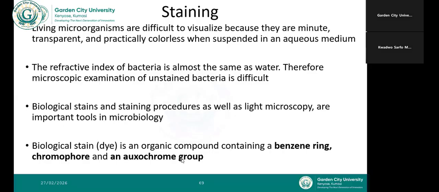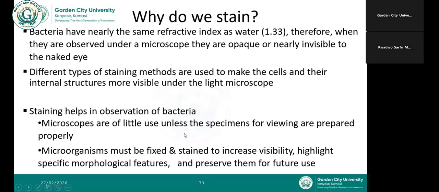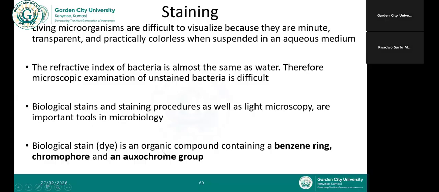Then an auxochrome, which makes it ionized, gives it a charge. So this biological stain will not be able to impart color to the bacterial cells unless it has a charge. And this is coming from the auxochrome.